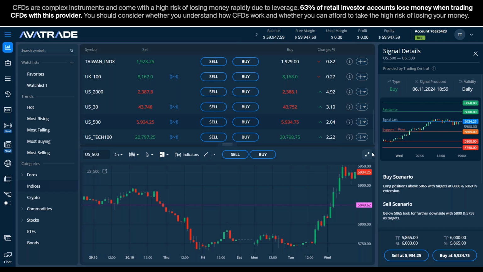Sometime between now and then, I think it may make sense that there could be a pullback. But right now, the signal is still live and active, calling for the US 500 to push up towards 6,000, between 6,000 and 6,060. So the momentum's on your side.